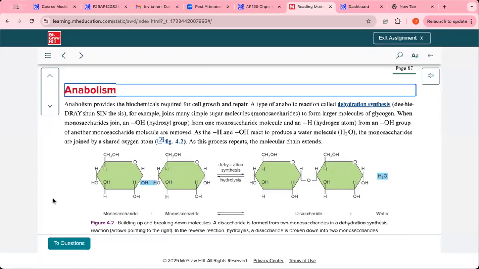When monosaccharides join, an OH hydroxyl group from one monosaccharide molecule and a hydrogen atom from another form an OH group.